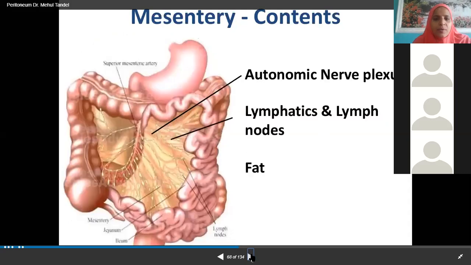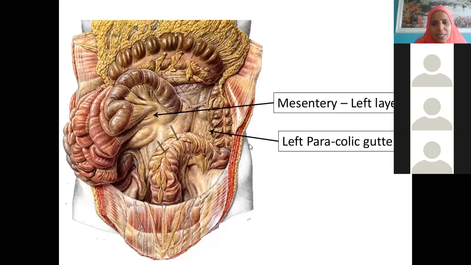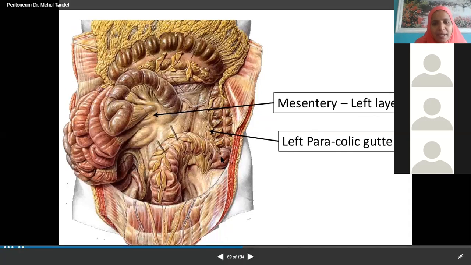We also find many nerve plexuses, lymphatics, lymph nodes, and a lot of fat in the mesentery. This picture was there in my previous PowerPoint also. If you lift this descending colon, you can pass your entire hand below it. That is called the left paracolic gutter.